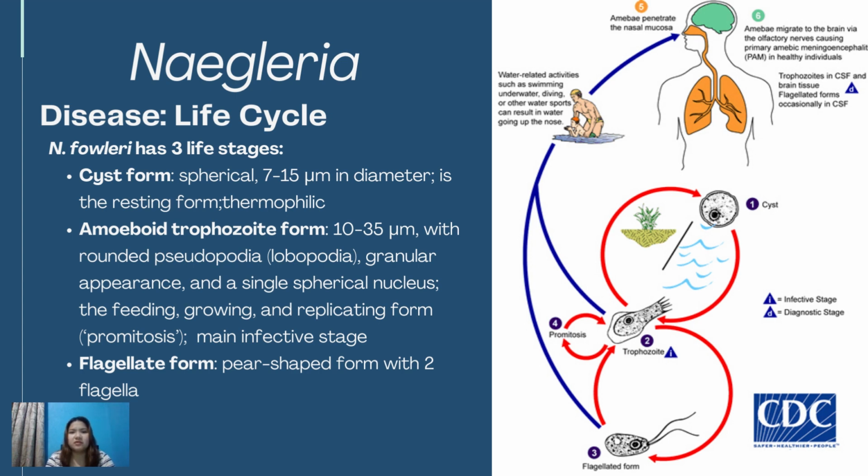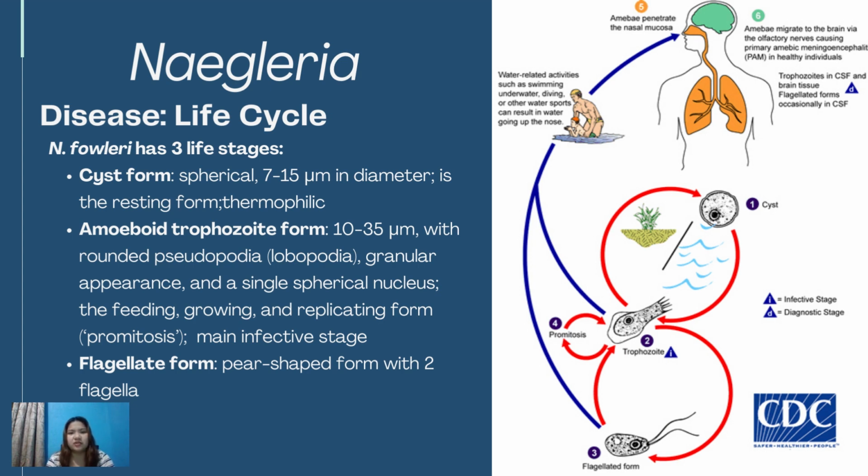Trophozoites are found in cerebrospinal fluid, CSF, and brain tissue. Flagellate forms in CSF, while cysts are not found in the brain tissue. So what's the importance of this? The importance of flagellate forms found in CSF is that it differentiates Naegleria infection from amoebic infection and subsequently proves that Naegleria is rightly under class Percolozoa and not Amoebozoa.